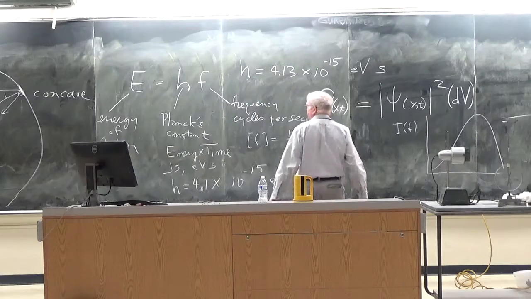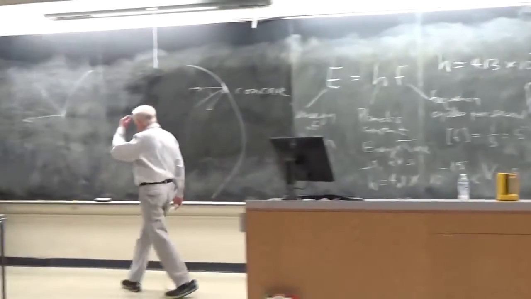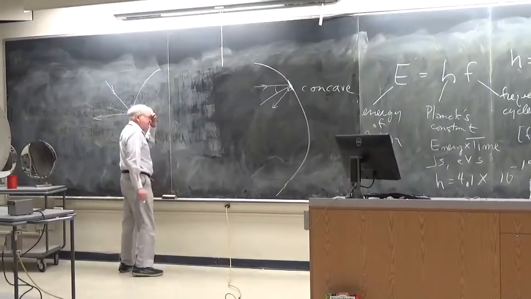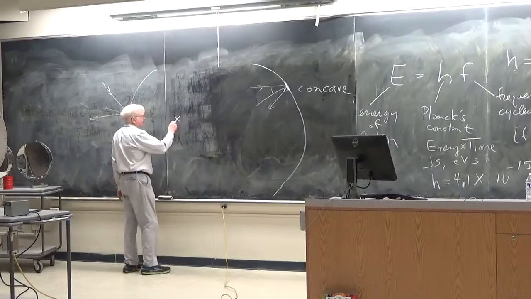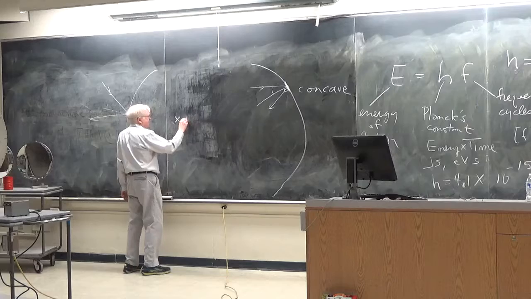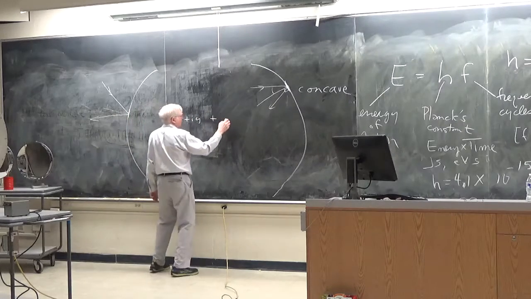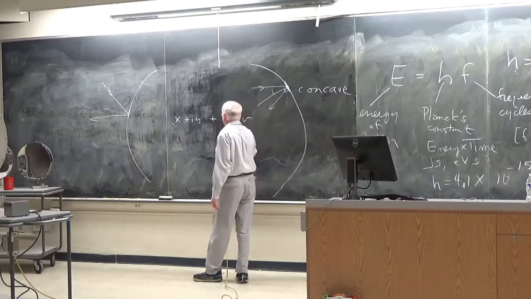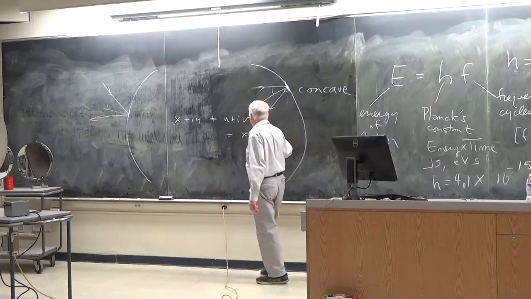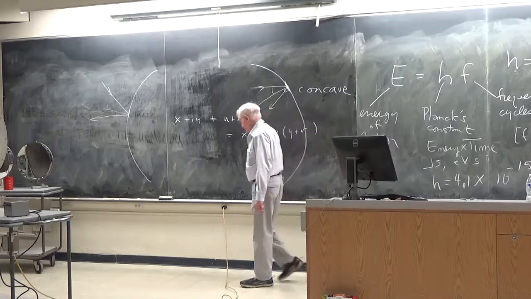And just to make this a little more real for those of you who haven't seen complex numbers before, if you have a complex number x plus iy and you add it to another one, u plus iv, well, of course, it's x plus u plus i times y plus v.